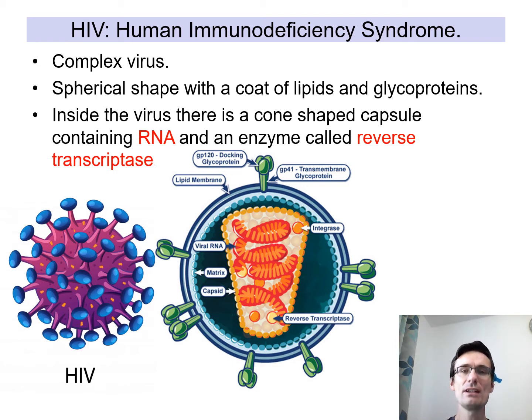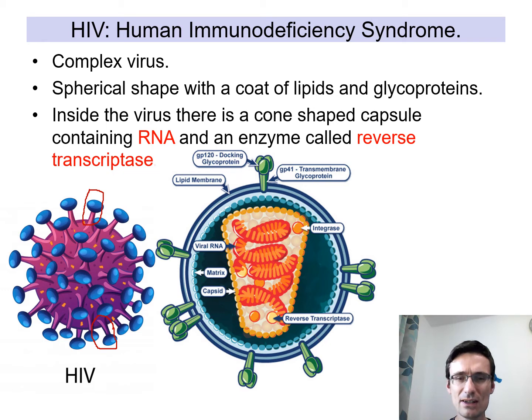On the outside, it's got a coat of lipids and glycoproteins, so it almost looks a bit like the COVID-19 virus, which we all know about now, but it is obviously a different structure on the surface. Inside, there is a capsule that contains RNA and an enzyme, really importantly, called reverse transcriptase.